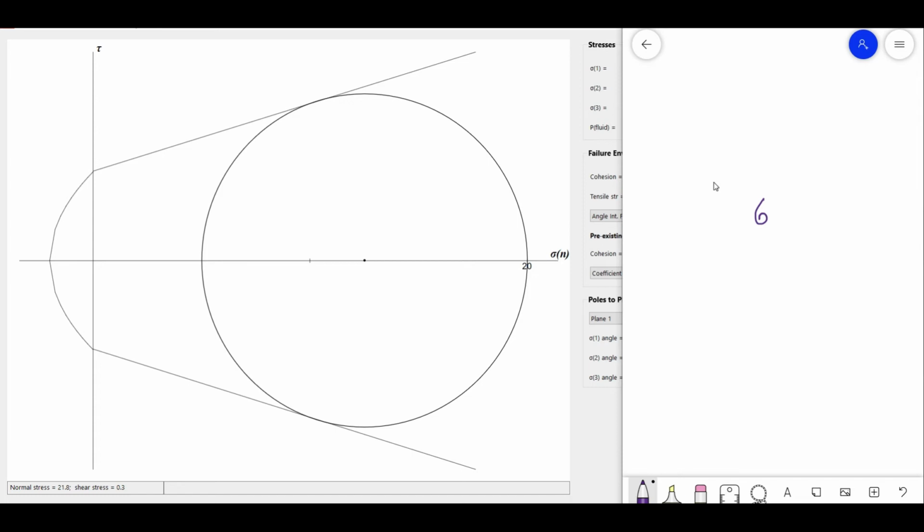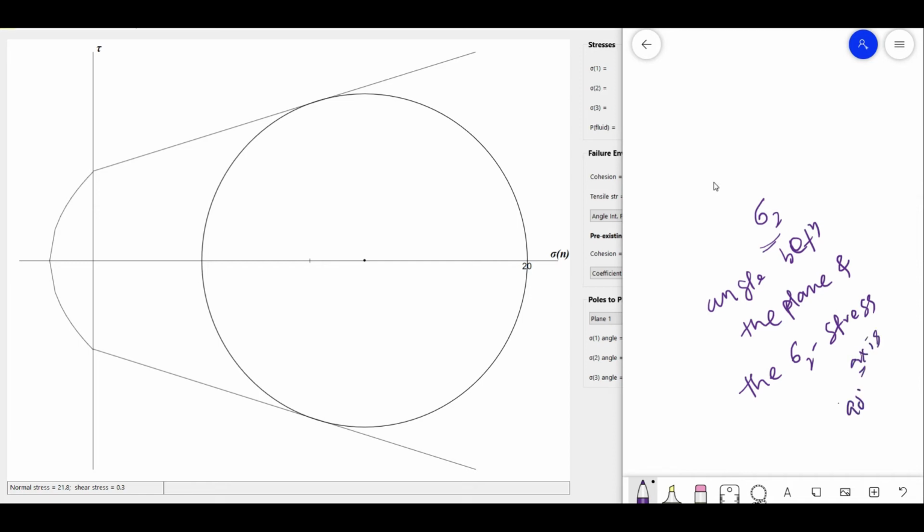Actually the sigma 2 angle is the angle between the plane and the sigma 2 stress axis, which we have already fixed at 90 degree, and sigma 1 plus sigma 3 is equal to 90 degree.